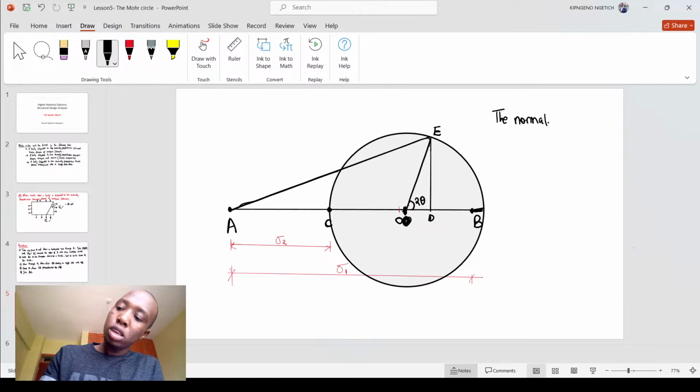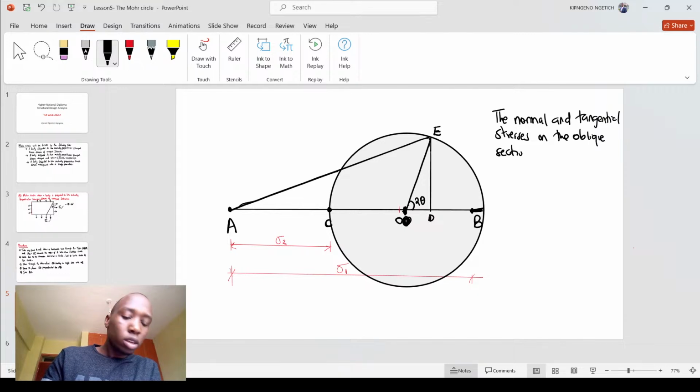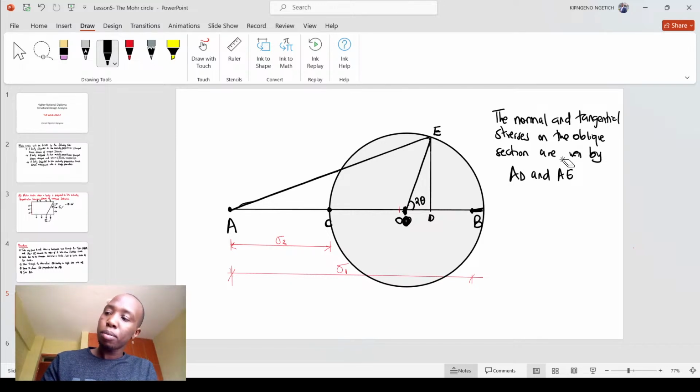The normal and tangential stresses on the oblique section are given by AD and ED respectively.